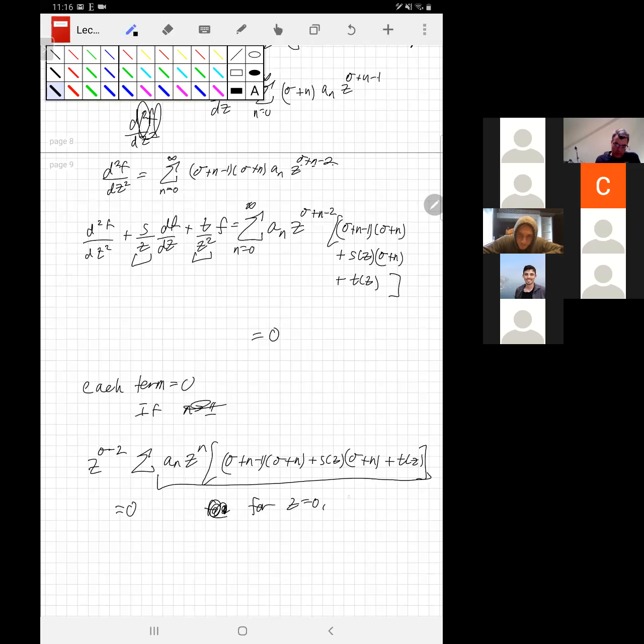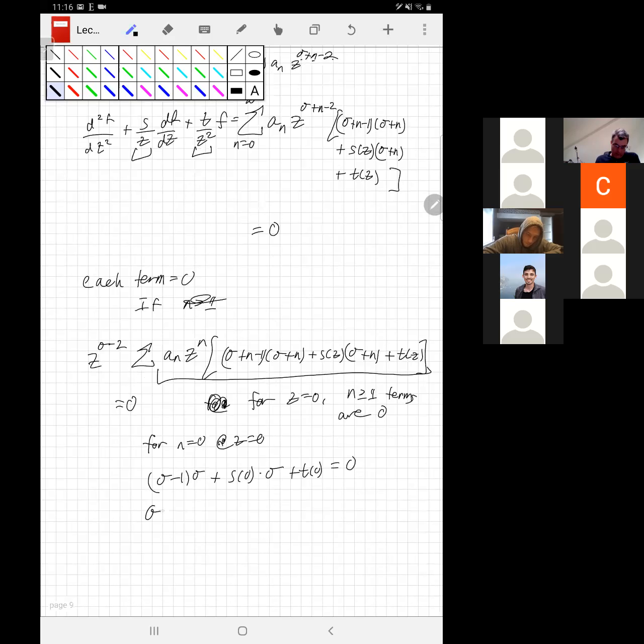For z equals 0, the n greater than or equal to 1 terms are 0. For n equals 0, we're going to get sigma minus 1 times sigma plus s of 0 times sigma plus t of 0 equals 0.